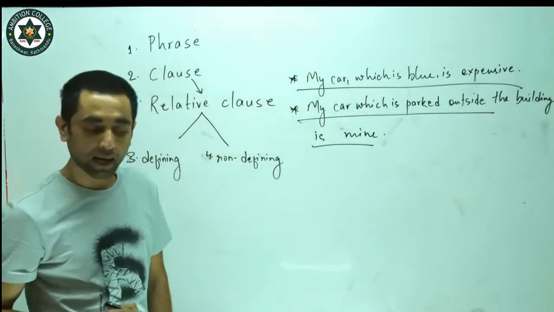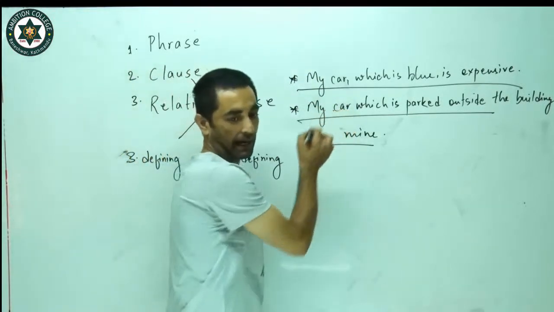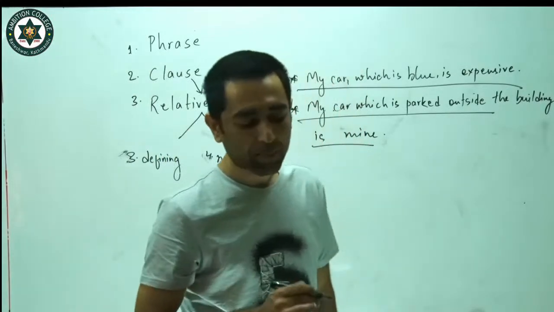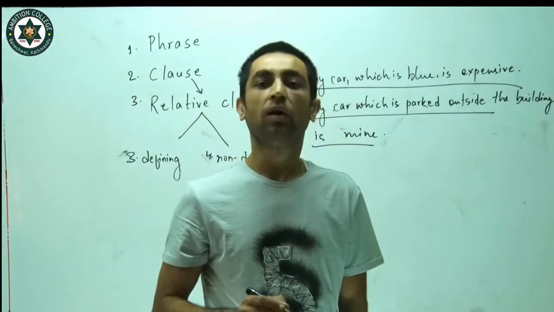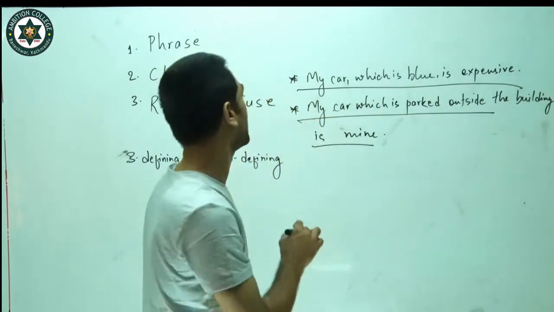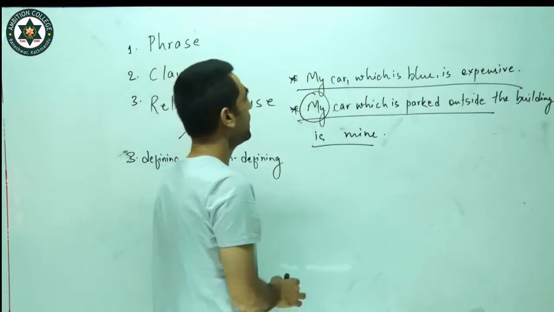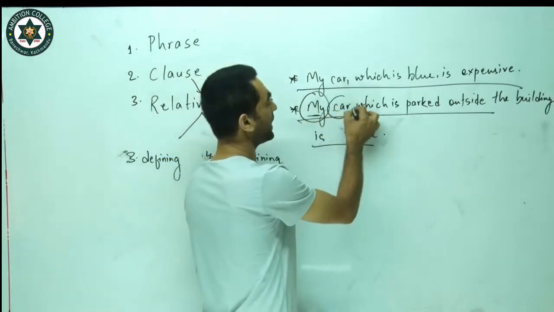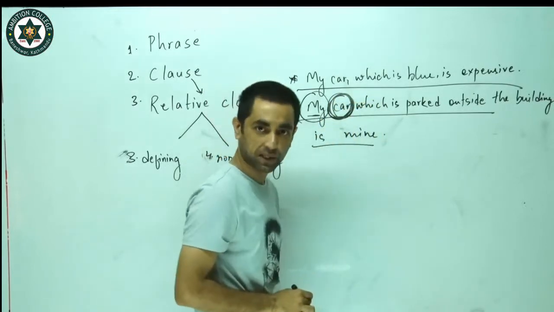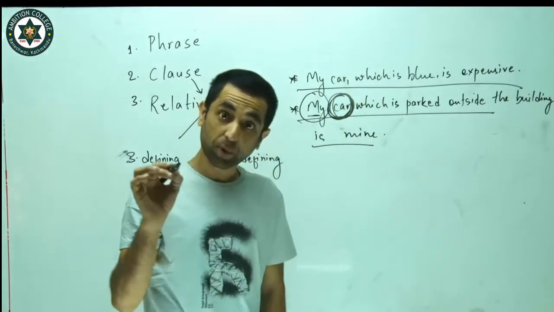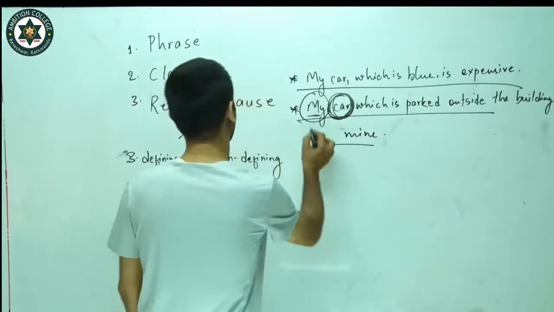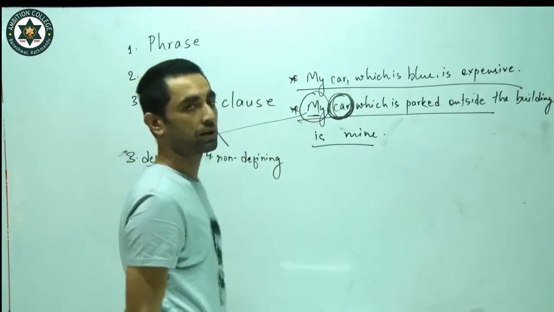notions. Here in the second case, we are being provided with the information which car is exactly mine, right? So we are being provided the information related to the identification of this car. So whenever we are provided this vital information about the identification, we call it the defining relative clause.